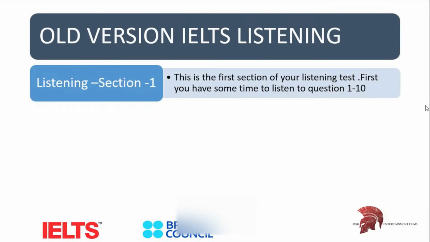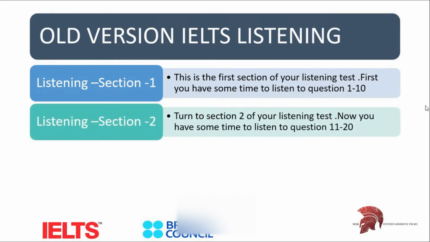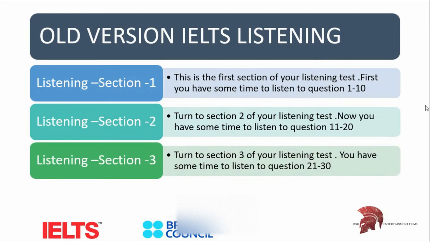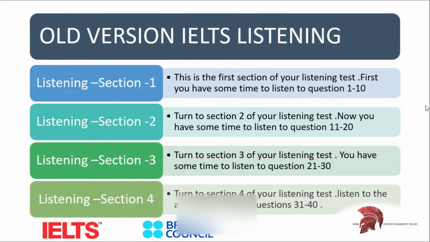In listening till December 2019, it was section, so you might have heard like this: This is the first section of your listening test. First, you have some time to listen to question 1 till 10. Same goes with section 2, section 3 and section 4.